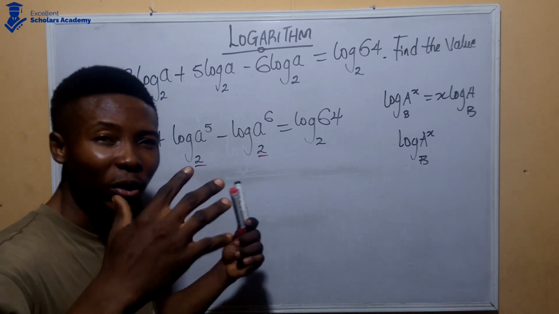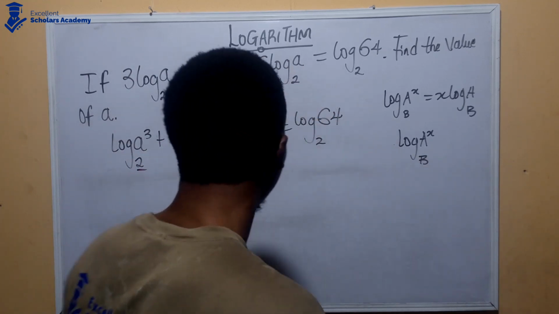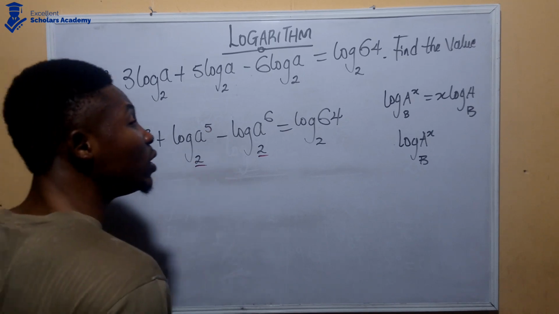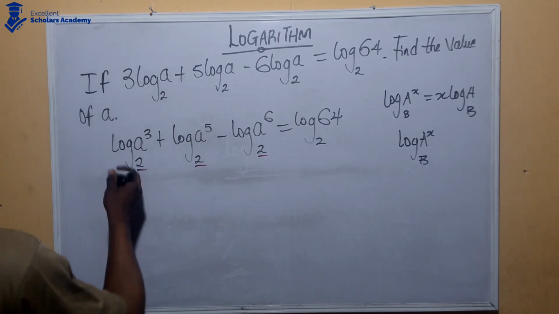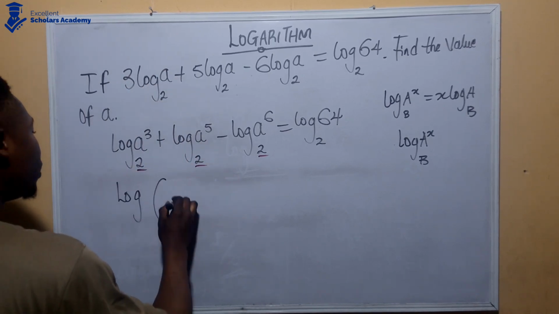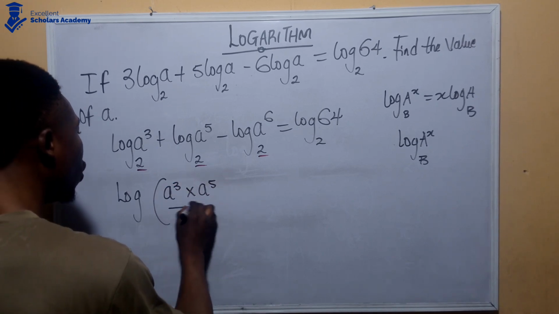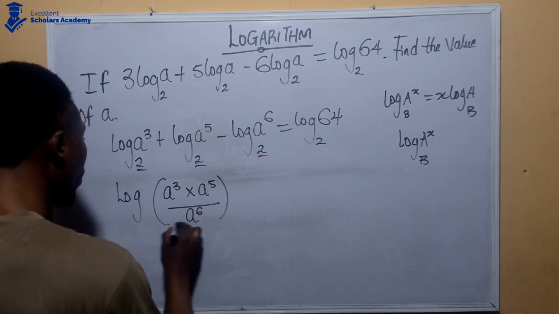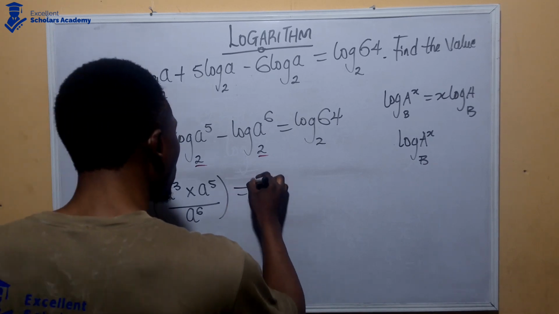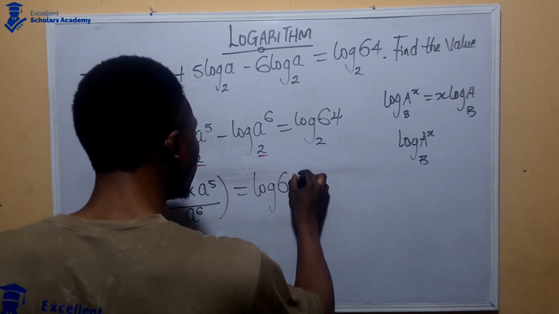Plus tells me to multiply, and subtraction, minus, tells me to divide. So this becomes log of a to the power of 3 multiplied by a to the power of 5 over a to the power of 6, all to base 2, is equal to log 64 base 2.